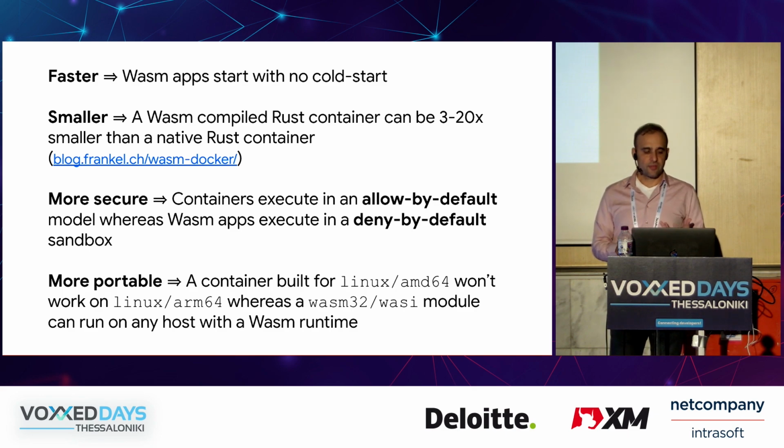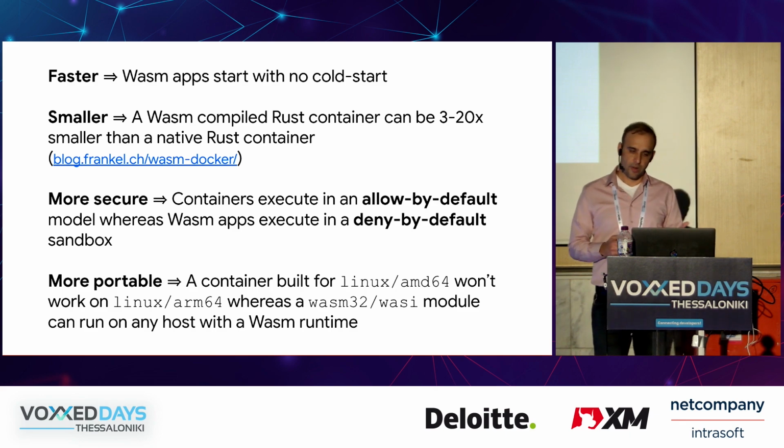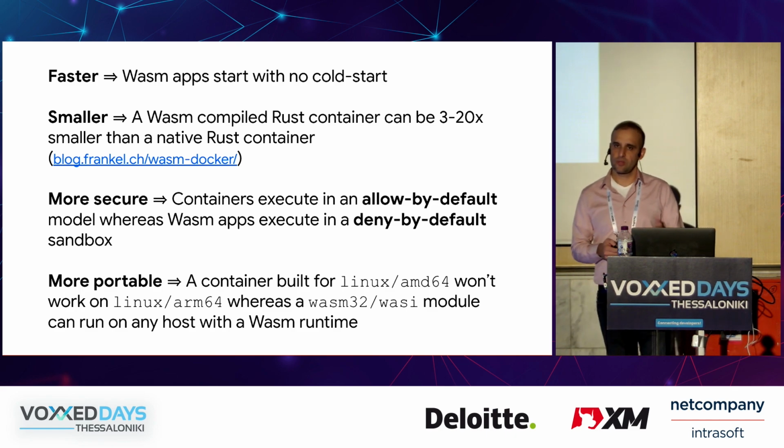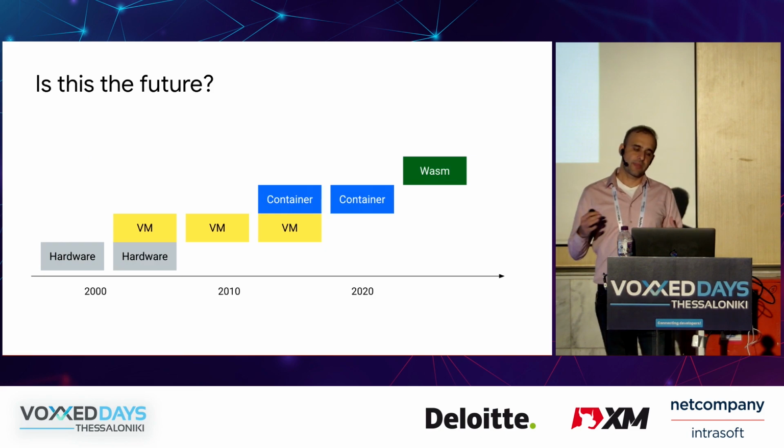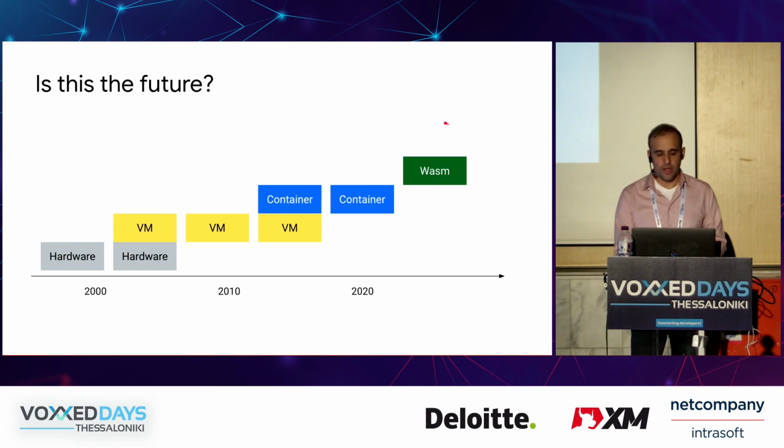So this all sounds really good, but does WebAssembly actually deliver on these promises? And the answer is yes in some ways and no in other ways, so we'll take a look at that as we go along. Now this makes me think that we came a long way from hardware and VMs, and then we started having containers running on VMs.